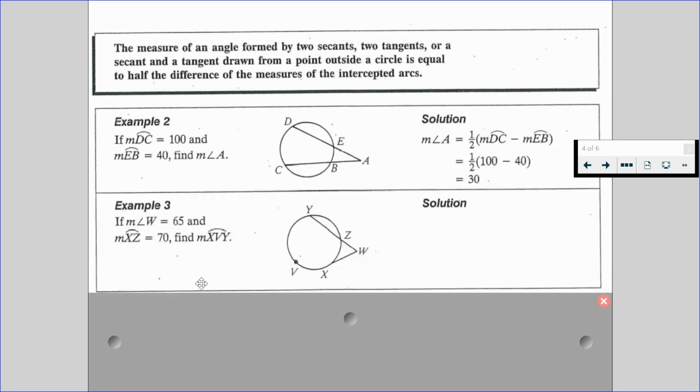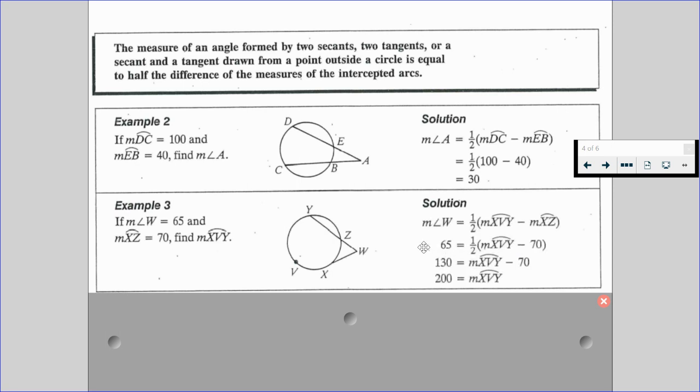Likewise, for example number 3, we know that the measure of angle W is 65, so the angle is outside of our circle, and the arc measure of XZ is equal to 70. We want to find the measure of our major arc XVY. We're going to set it up exactly as we did before. The measure of angle W is going to be half of the difference between our major arc minus our minor arc, our biggest arc minus our smallest arc.